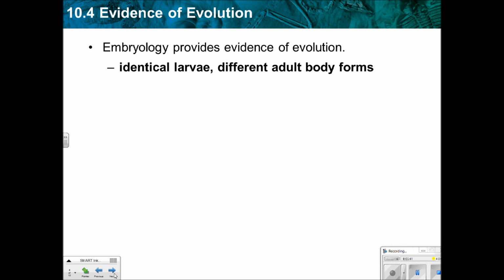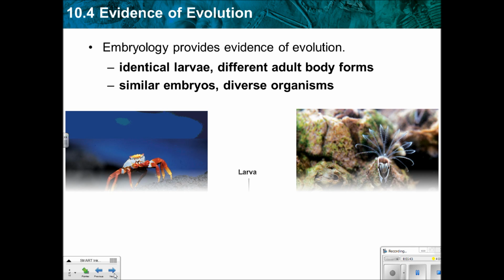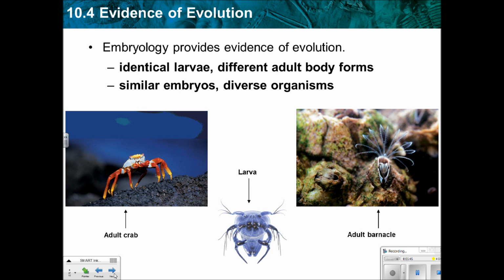Okay, this is one of my favorite ones. So the third type of evidence is called embryology. It's about the study of embryos. So identical larvae with very different, what we think of as the organism itself.